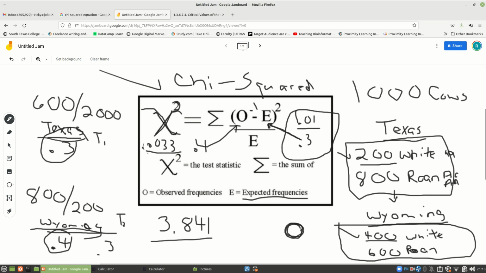So if you get below this, then there is no change, nothing you can prove. That triangle is a symbol for change. Now if you get over 3.841, then there is, and you can say that something happened.